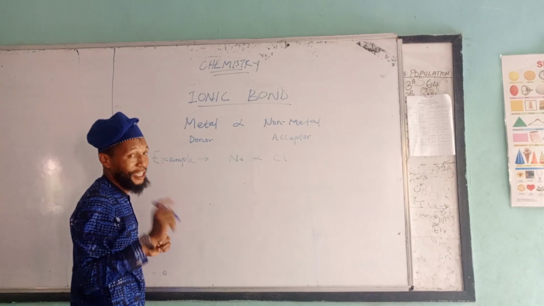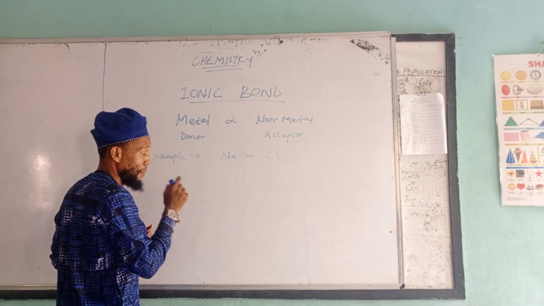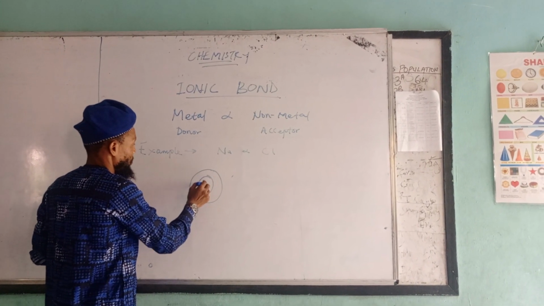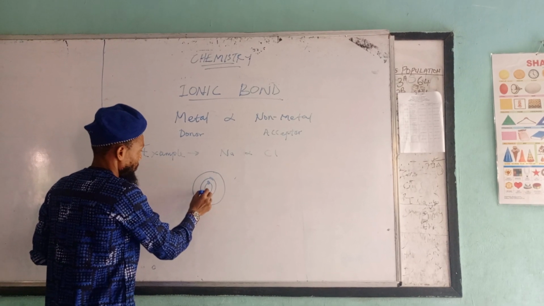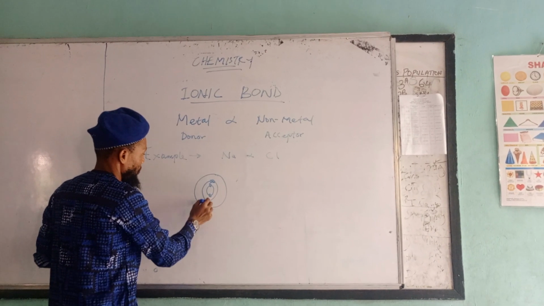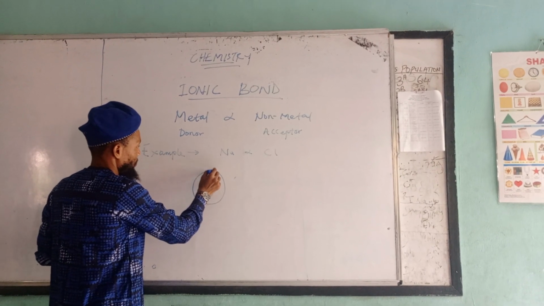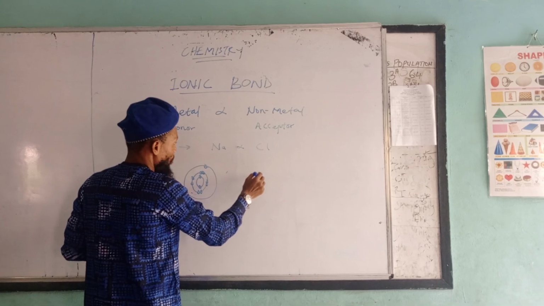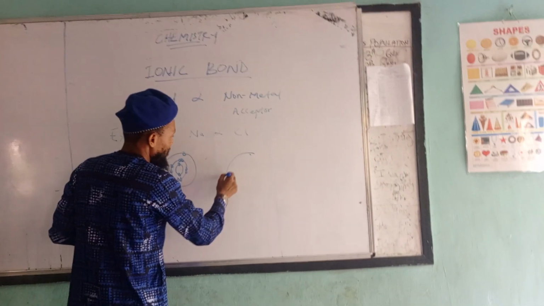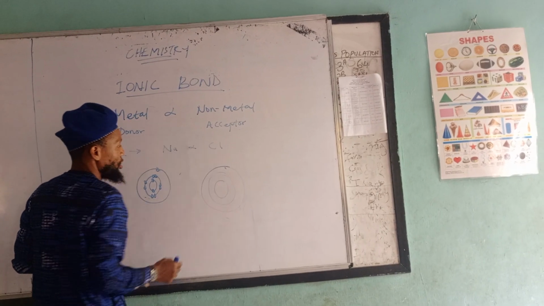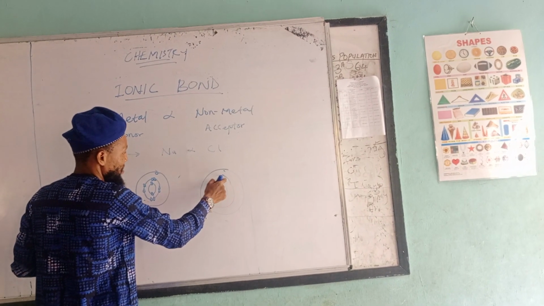It means the number of electrons present in sodium atom is 11. Chlorine, the atomic number is 17. Also, the number of electrons will be 17.